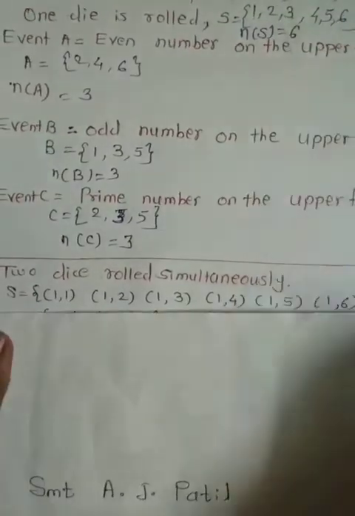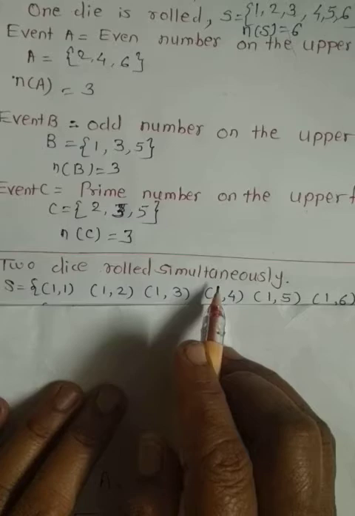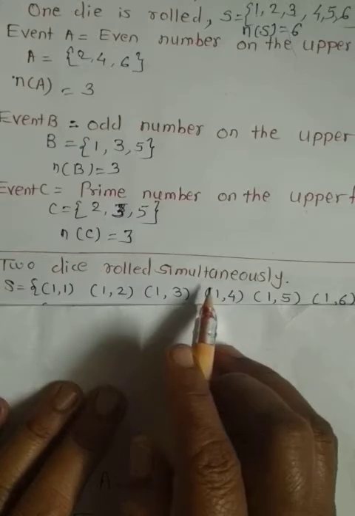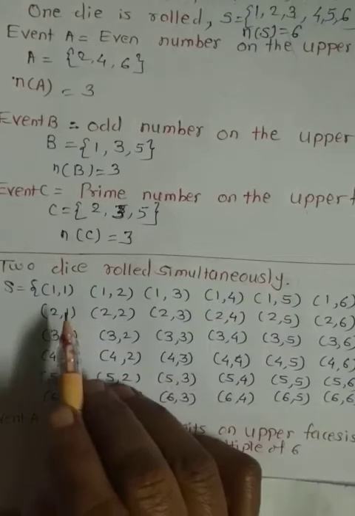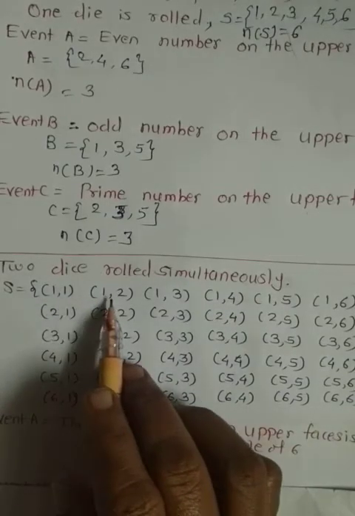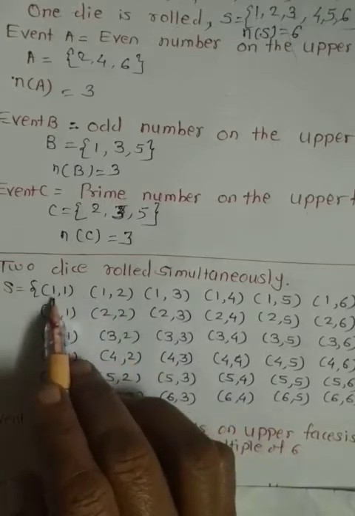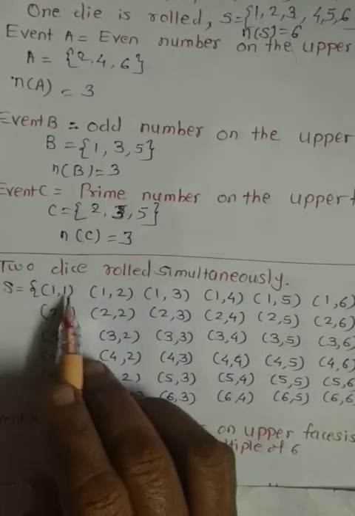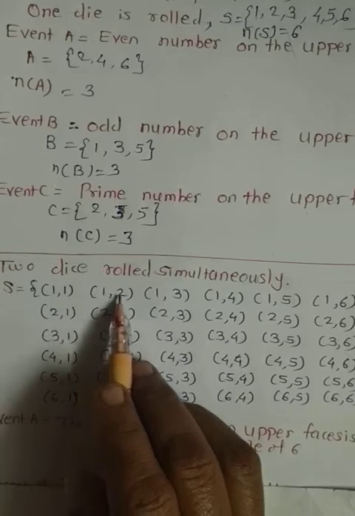Next one is 2 dice rolled simultaneously. First of all we have to write the sample space this way: 1,1; 1,2; 1,3. The meaning of this is 1 on the first die and 1 on the second die, 1 on the first die, 2 on the second die.